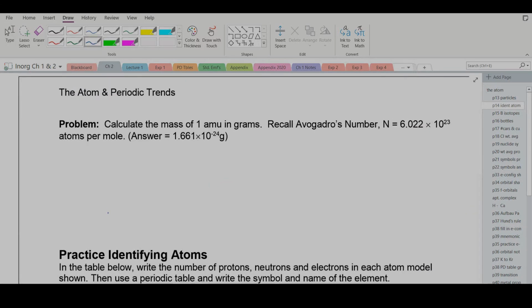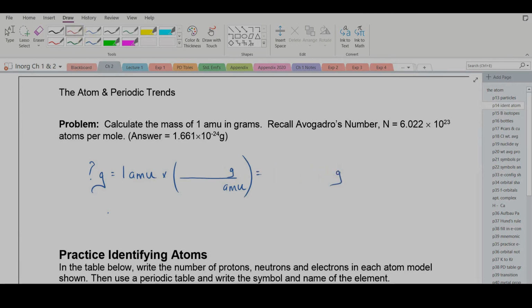So I'd write this like this. I'd say how many grams is equal to 1 AMU. And we can use this conversion factor. We want to cancel out AMUs and go to grams, so that our answer will be in grams.